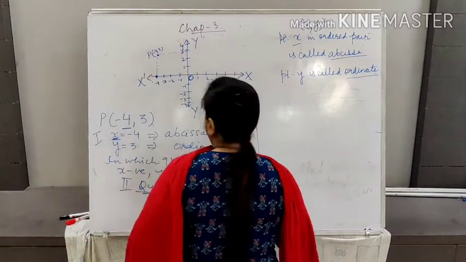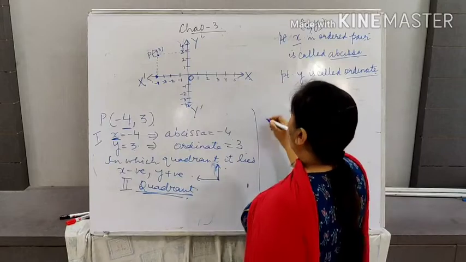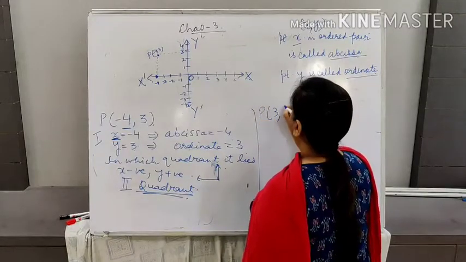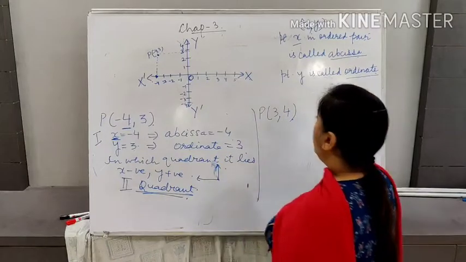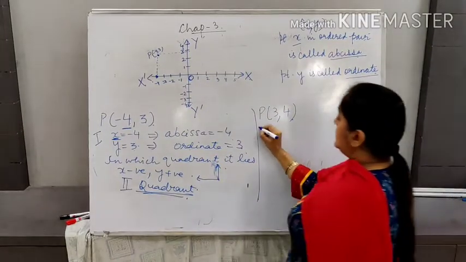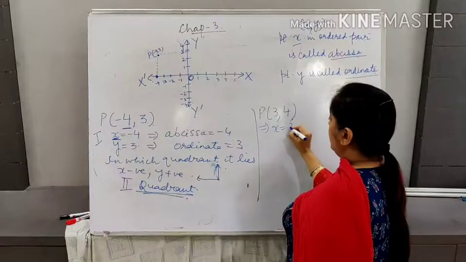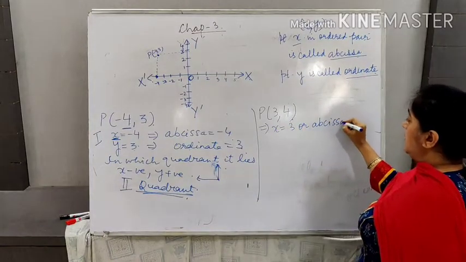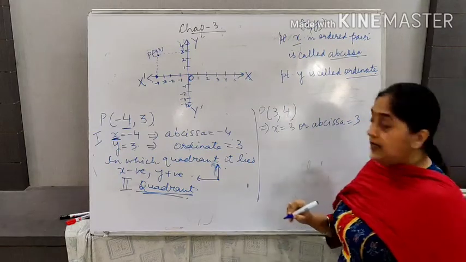Similarly, I will just plot 4 points for you. If I have the point P 3, 4, what does this imply? X is equal to 3 or abscissa equal to 3, right?